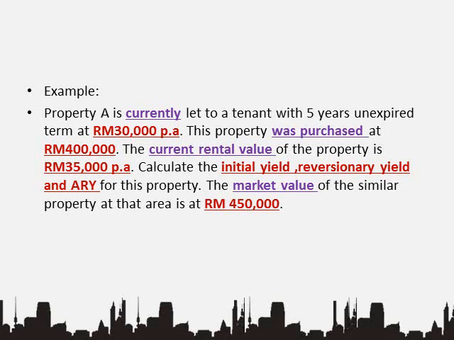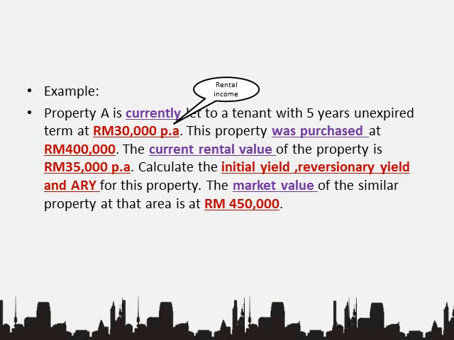So how to determine which one is the current rental, which one is the full rental value or market rental, which one is the capital invested and which one is the capital value or market value. The 30,000: if you read the sentence, property A is currently let to a tenant at 30,000 per annum.